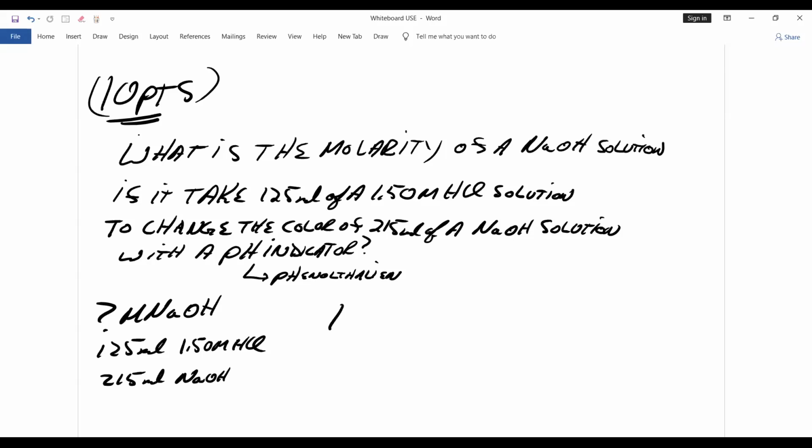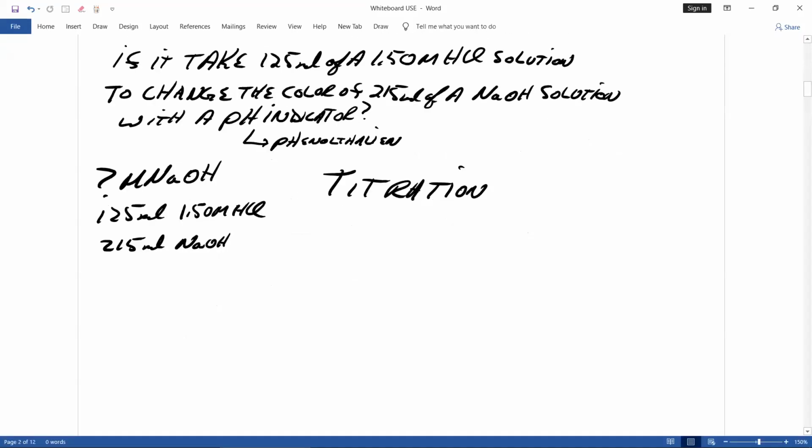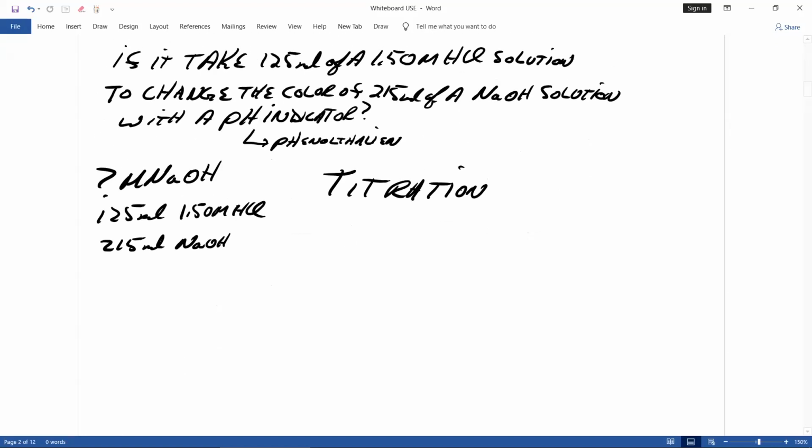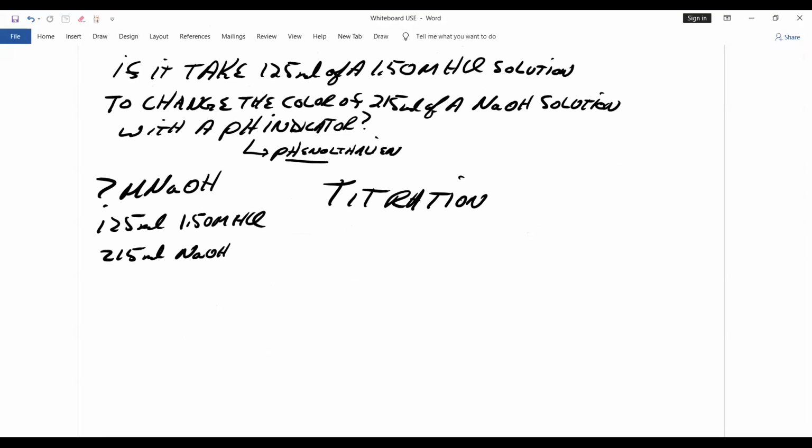So this is a titration. And what do you know? Well, when the pH indicator changes color, you're at neutralization, and you know moles acid equals moles base.